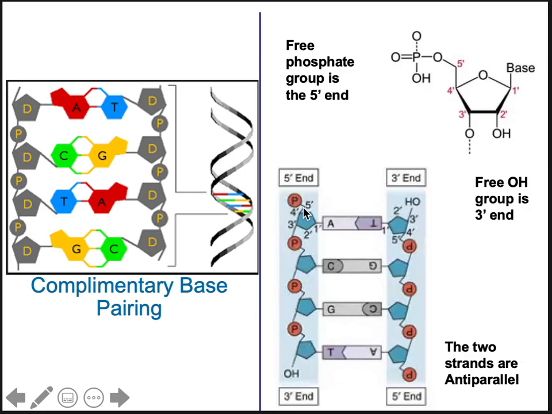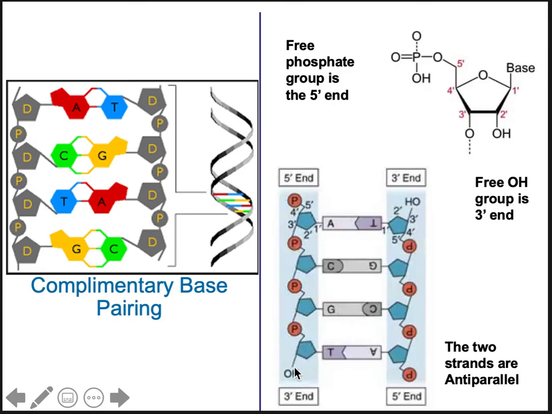It's attached to the sugar at one end, and there's no second, right? Nothing attached to it beyond that. So it looks just like this. So this would be the free phosphate group, makes it the 5' end. On the other end, you have a free OH group. In this image, it's just shown as O, because when the next nucleotide comes in to bind, the H will have to go to make that bond.